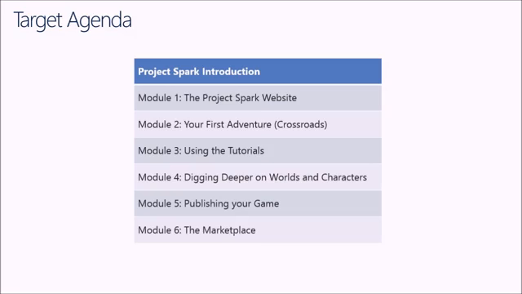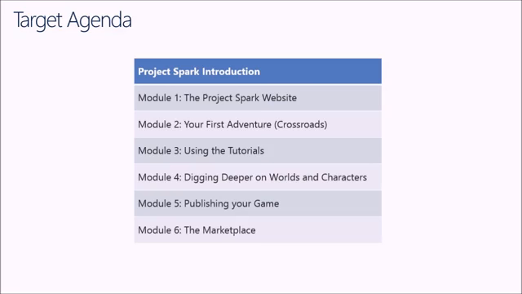In Module 4 we're going to do a little bit more on the code, and we're going to focus on the fact that you can create a character and change their brain to make them behave in different ways. Module 5 is all about publishing your game, because although it's great fun to make a game, you need to save it and share it with your friends. If you don't do that, they'll never get to see how cool the games you've made are.